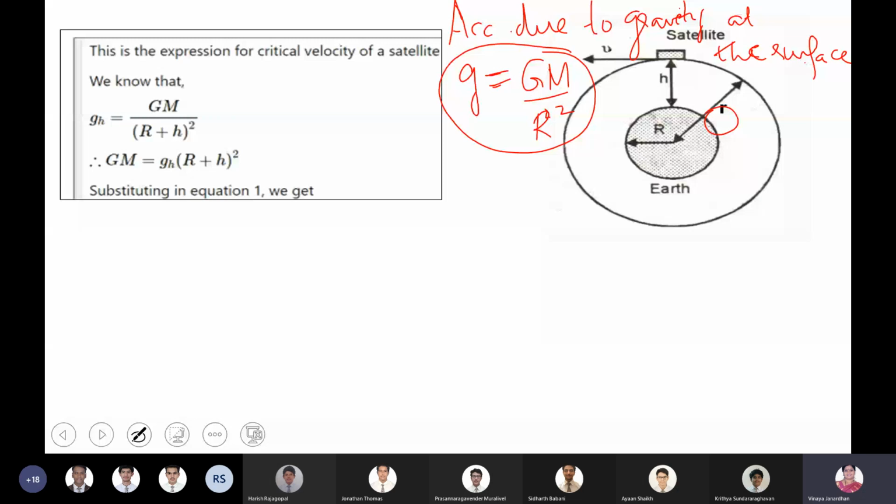That is, your satellite is at a height h above the ground. Then the acceleration due to gravity on the satellite will be GM divided by the square of the distance between the satellite and the Earth. Correct, boys?